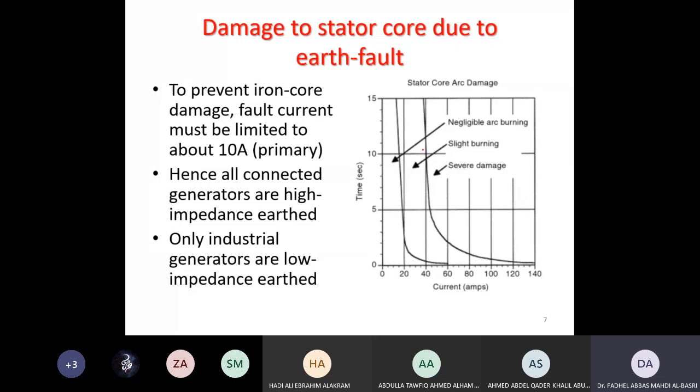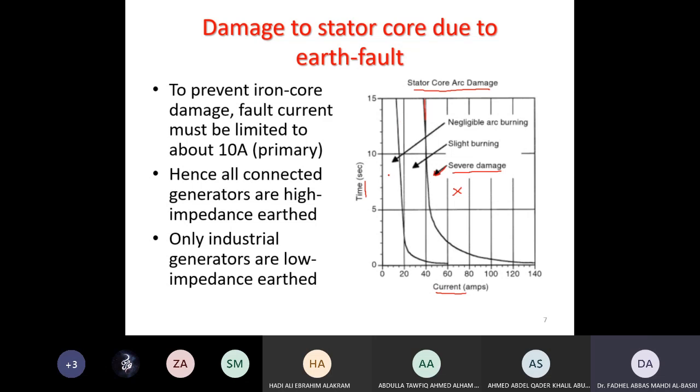This shows you the graph of the current magnitude versus time that the stator core can handle. If you work somewhere on the right side or above this curve, that will lead to severe damage in the core winding.